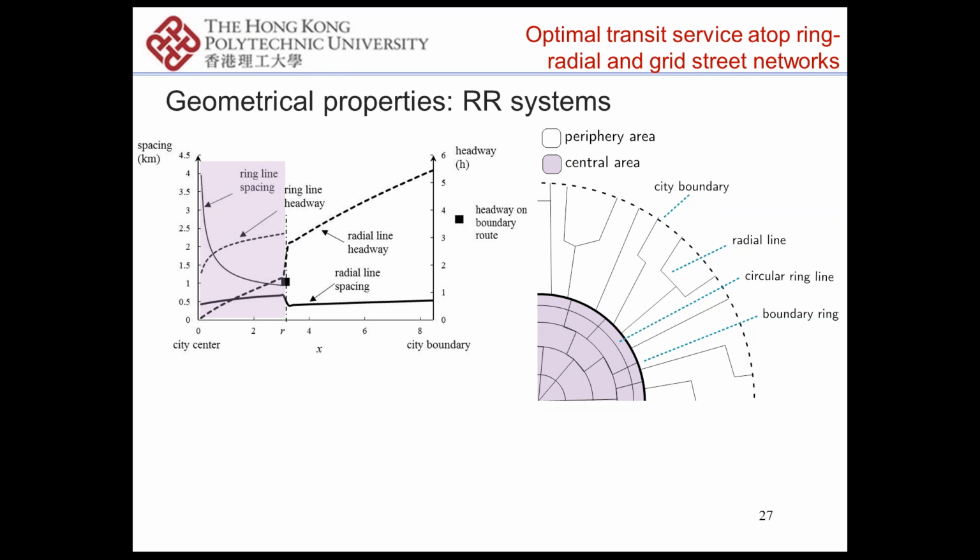Of course, eventually it's going to be solved by discretization, because we need to solve this location-specific optimization for every x, and there are an infinite number of x. So we basically solve for as many x as possible, and then we connect these lines. So we get an optimal location-specific function for the line spacings and for the headways.